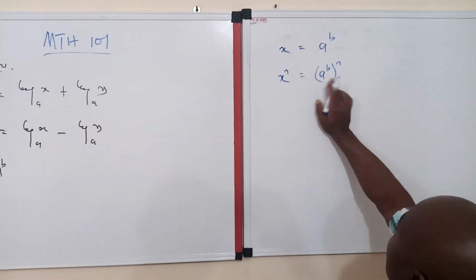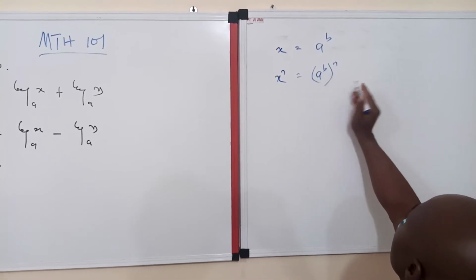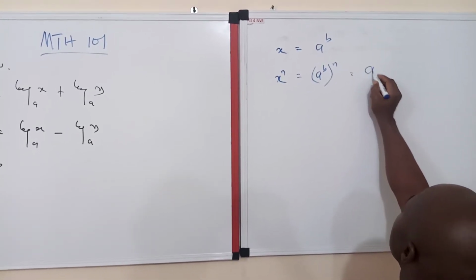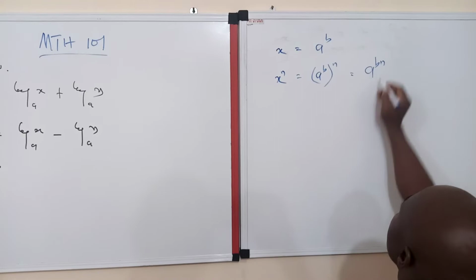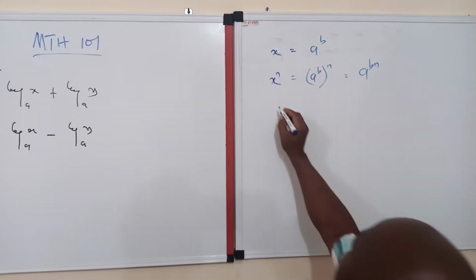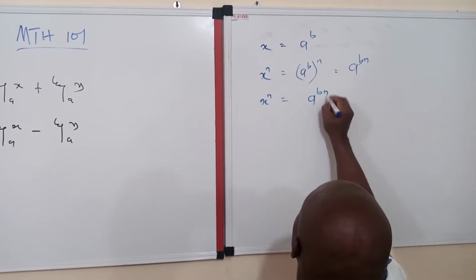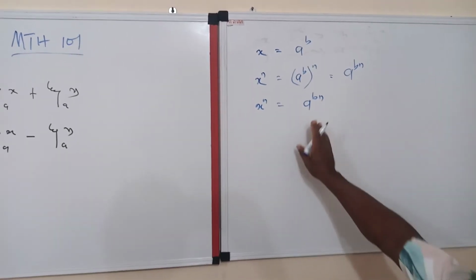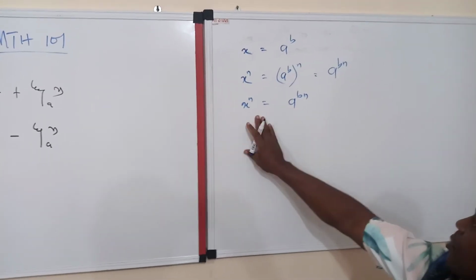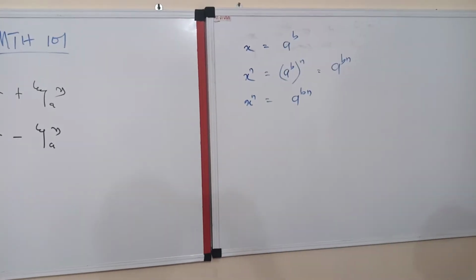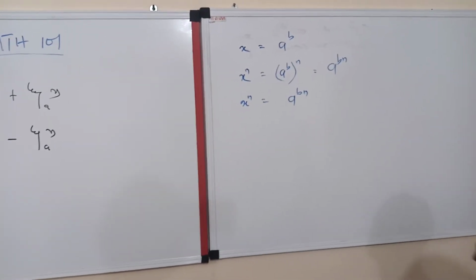From indices, if we have this kind of thing, we can multiply the powers. Meaning that our x to the n here is now equal to a raised to power b times n. Getting to this point, if we try to write this in terms of logarithm, this we can also do.